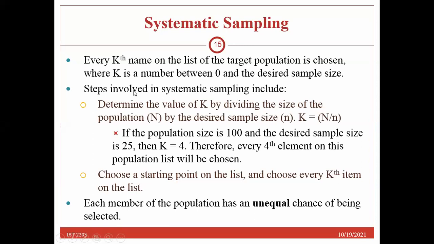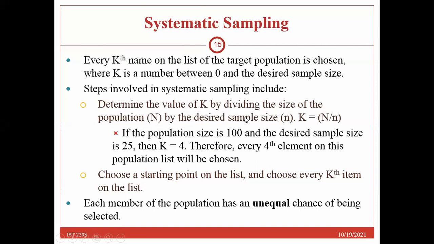Steps involved in systematic sampling include: one, determine the value of k by dividing the size of the population by the desired sample size. So let's say the population size is 100, and the desired sample size is 25.